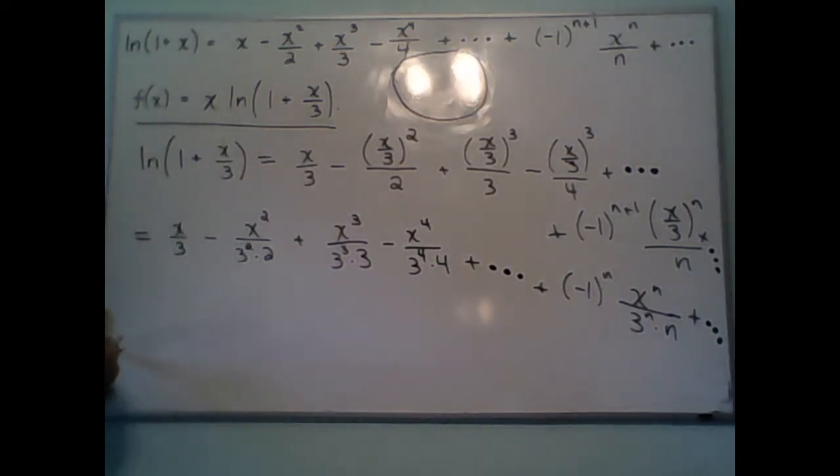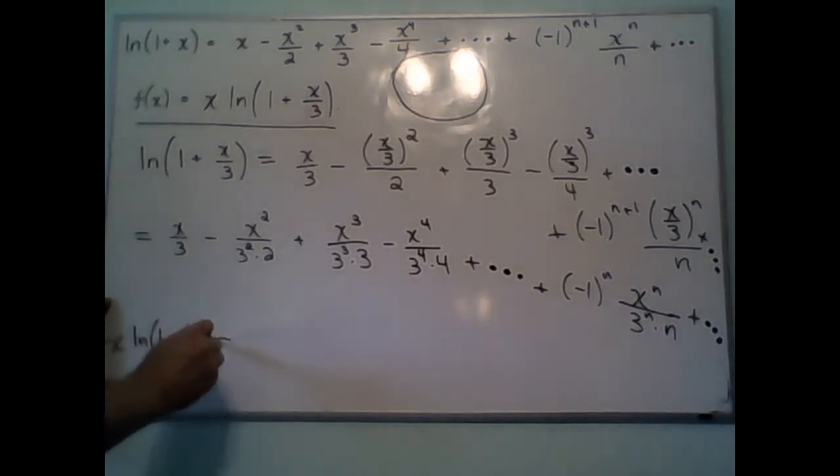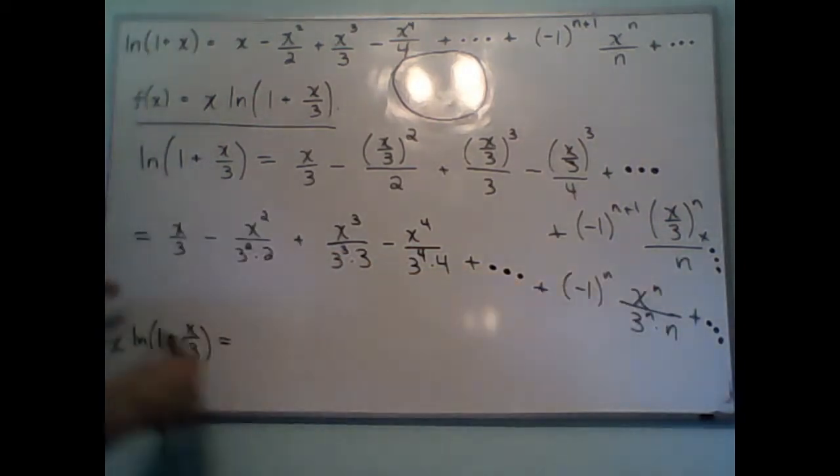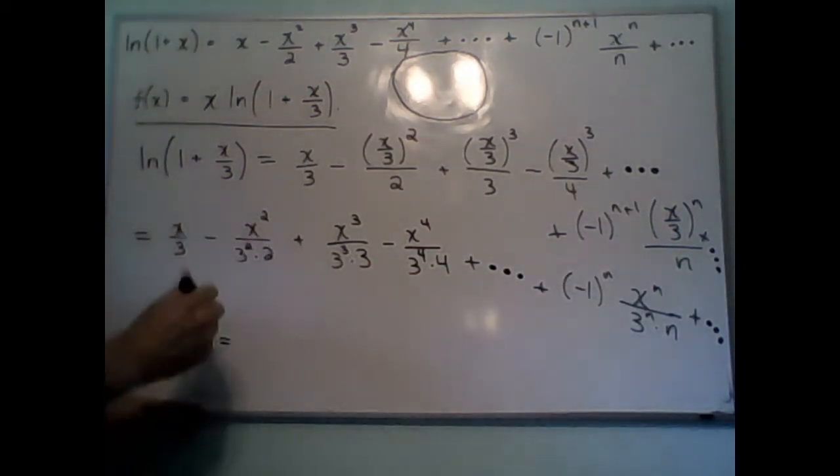If I want x times the natural log of 1 plus x over 3, I just have to multiply all of this by an extra factor of x. x times this whole thing, which means every power of x is going to be increased by 1.